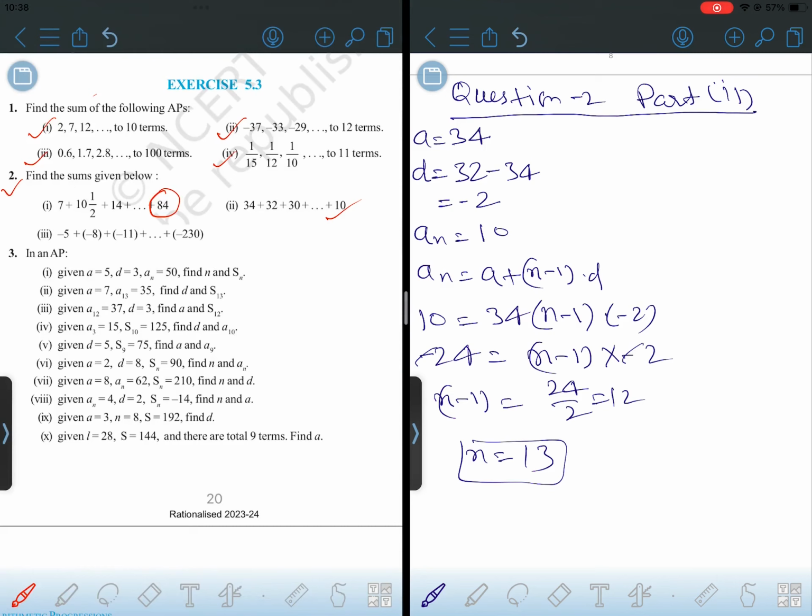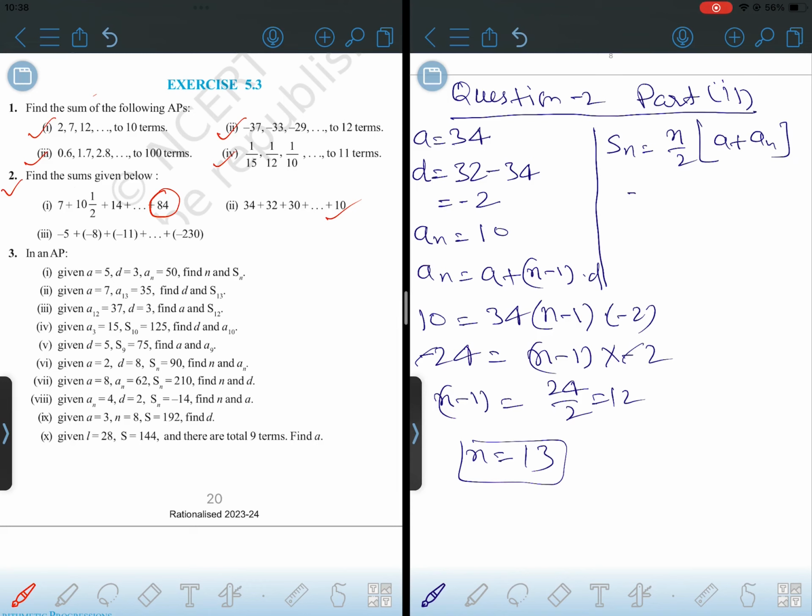So now once we have the value of n, we can use the formula of summation of the AP's n terms. So that will be basically Sn is equal to n upon 2 in bracket (a plus an).